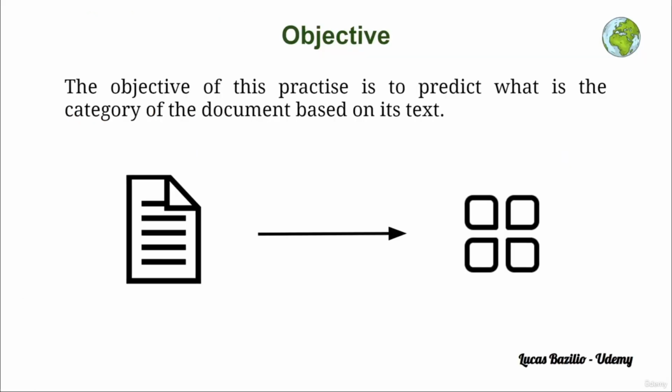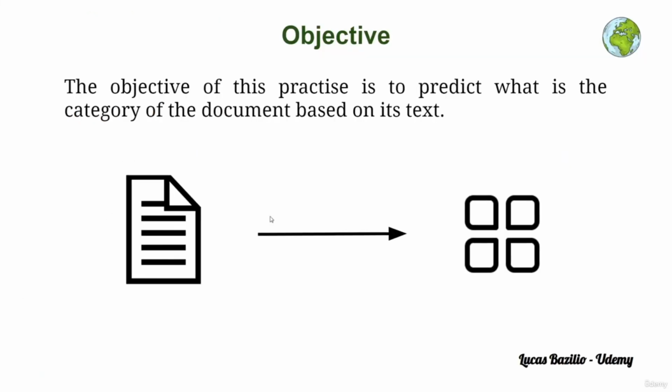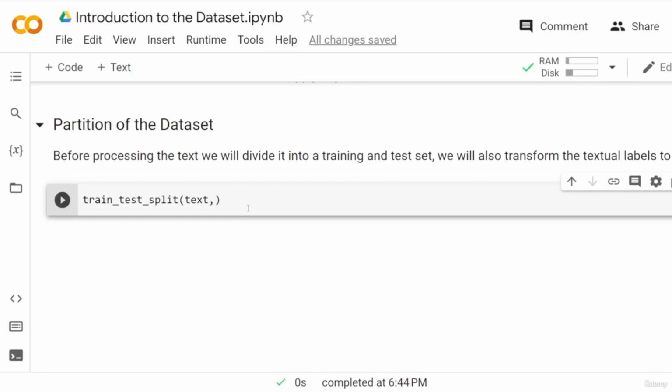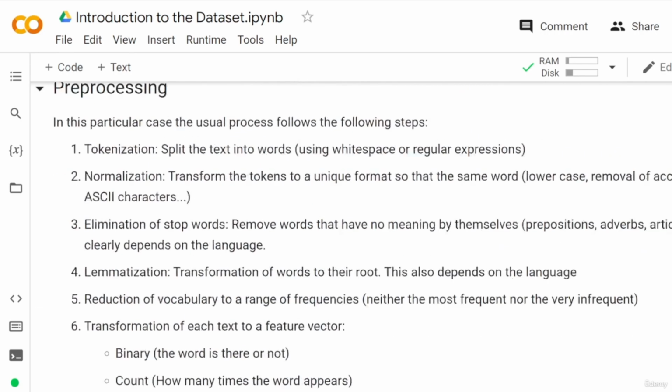Remember that our objective is to predict, given a document, which class this document belongs to. And we have in total 4 classes: astrophysics, computer science, mathematics, and physics, right? 4 categories. So these real categories that we know each document belongs to are in this variable here, labels. Remember from the previous lesson, right?